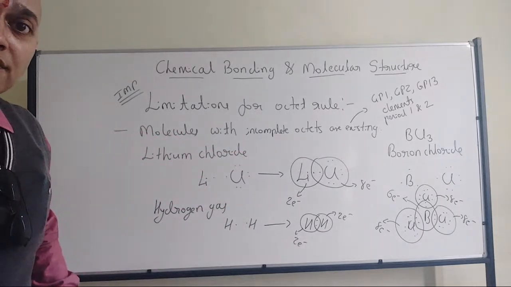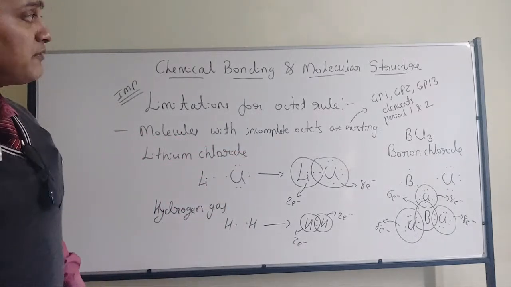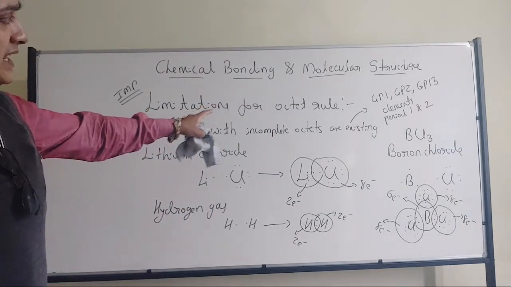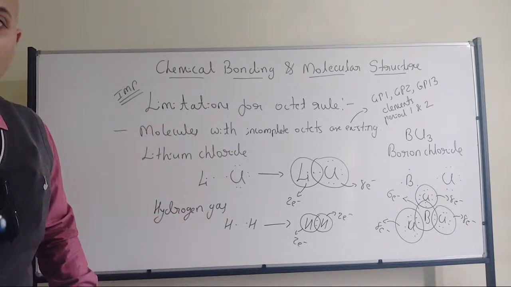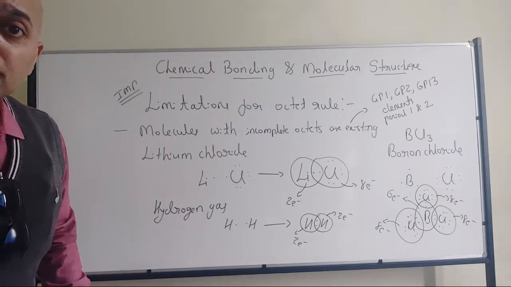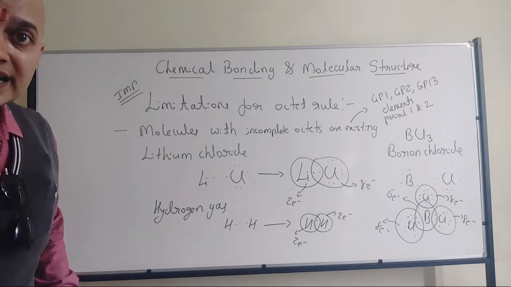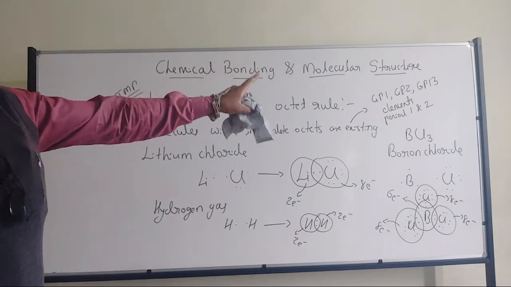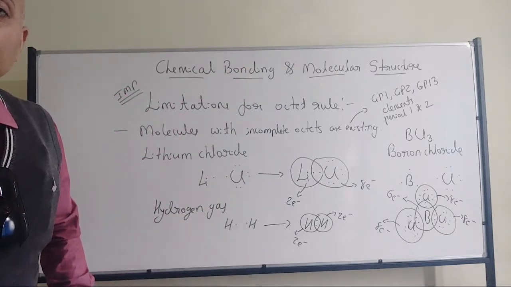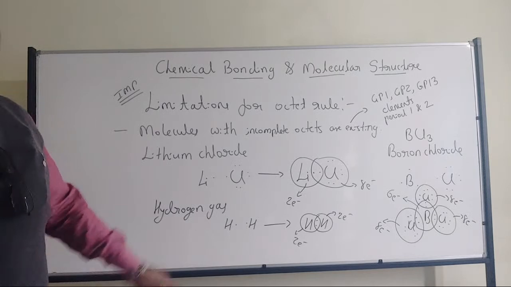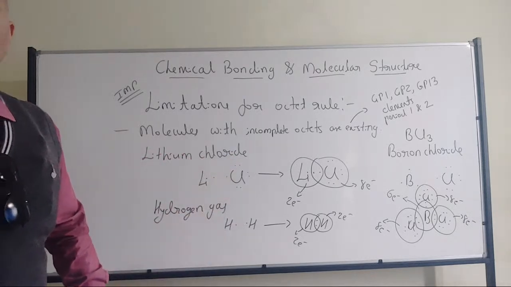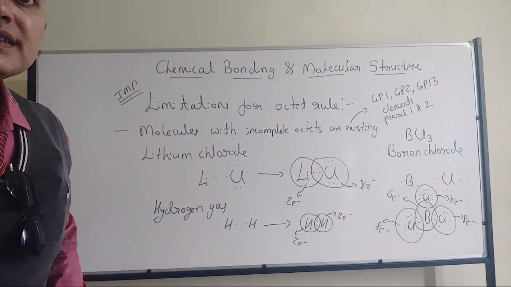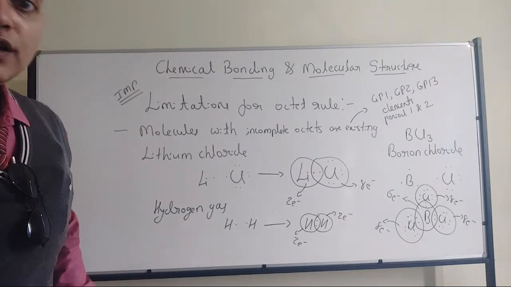So that's what I wanted to tell here: molecules which have incomplete octets and are stable can be due to group 1, group 2 or group 13 elements which belong to period 1 or period 2. They form this type of compound and they are stable. Have all of you understood?